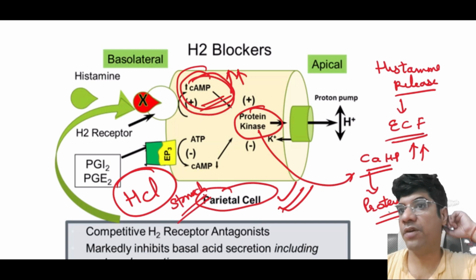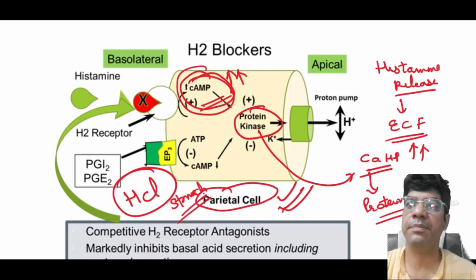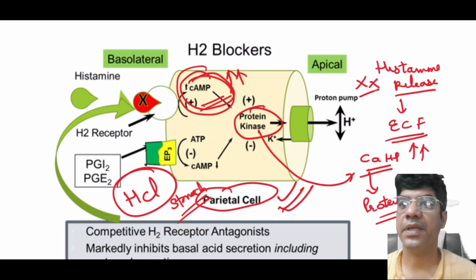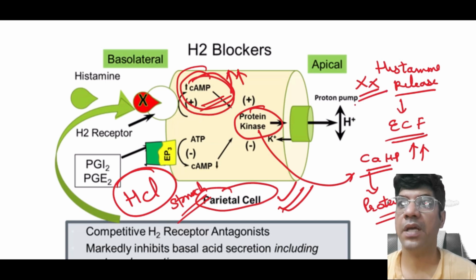Now, what is the action of these H2 receptor antagonists? The H2 receptor antagonists like ranitidine, famotidine, cimetidine bind to the H2 receptor on the parietal cells, blocking the binding of histamine. By blocking the histamine, that prevents the activation of adenylate cyclase, leading to a reduced amount of cAMP.